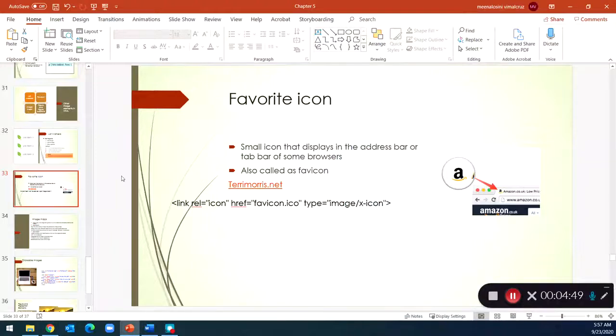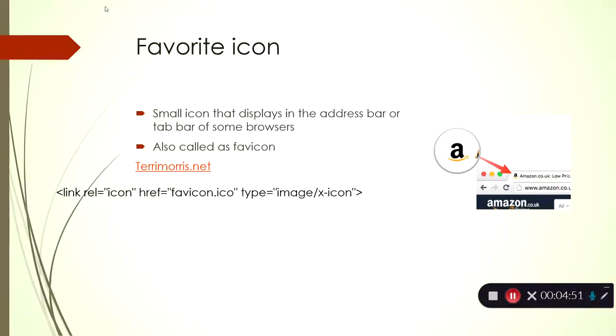Let's see how to use favicons in your page. To use a favicon, you have to use the link tag, like how you include CSS in your file by using the link tag. Inside the rel attribute, normally in CSS you use stylesheet, right? Here you have to use the value icon. And then href should have the file name where you have kept this favicon image.